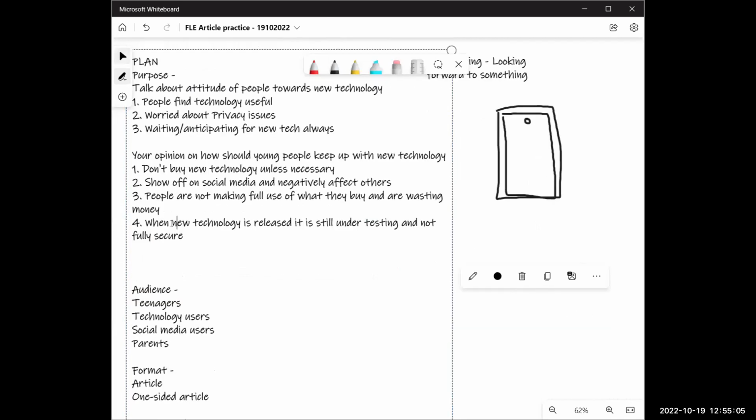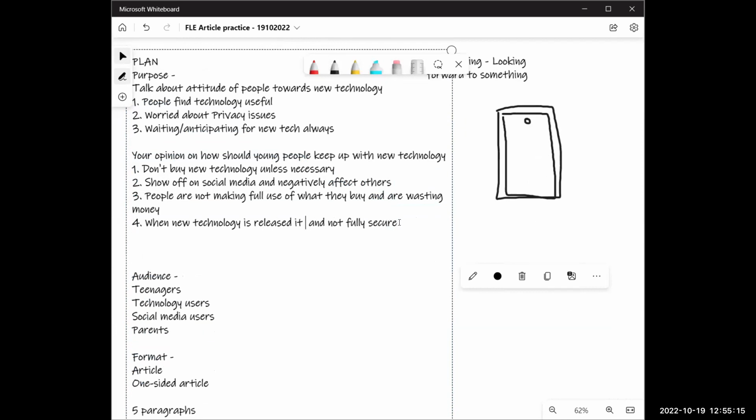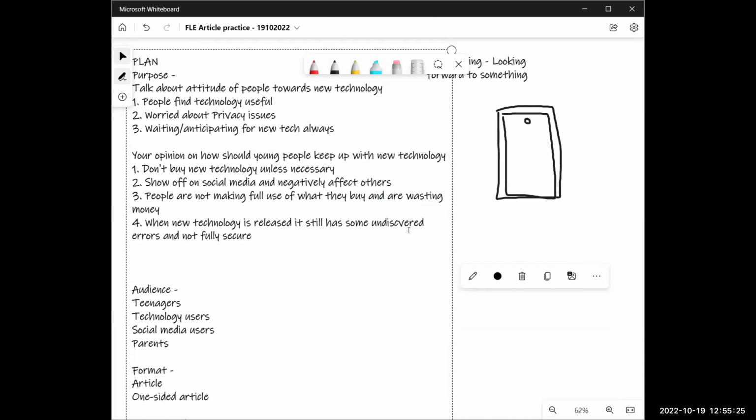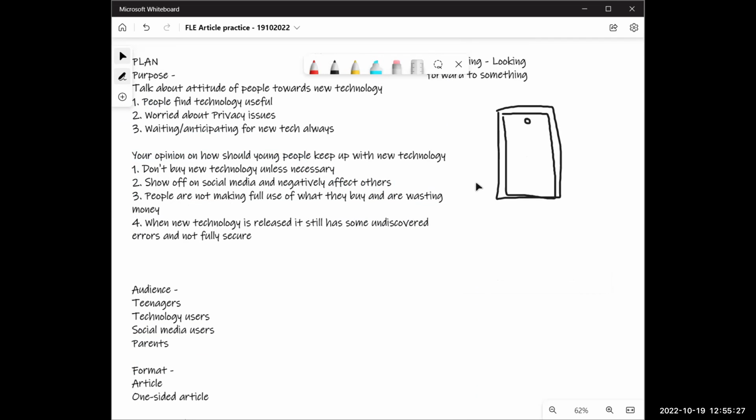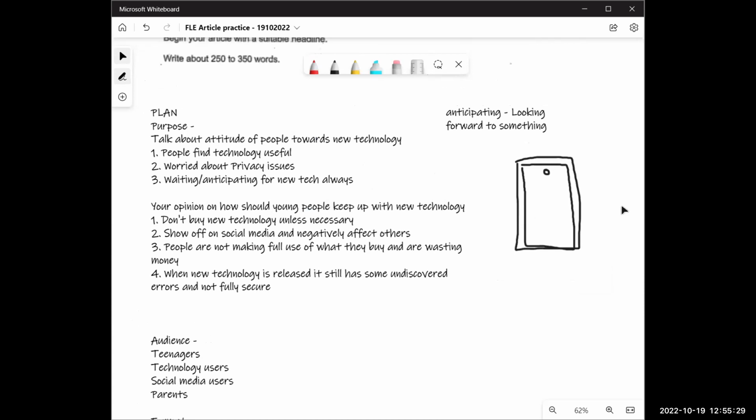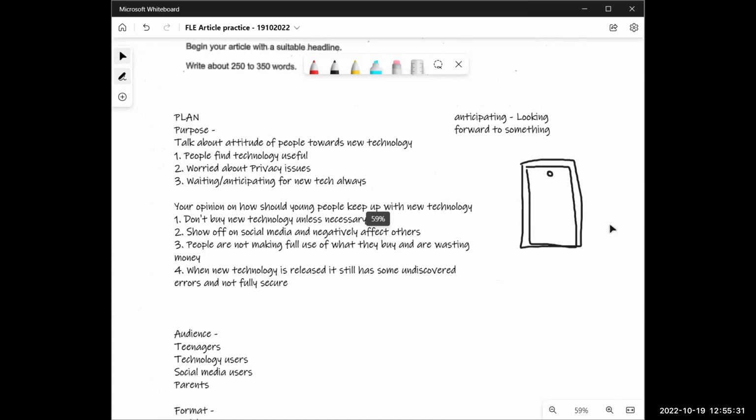So when new technology is released, it still has some undiscovered errors. So when you buy something, it is not completely error free. And after some time, when people start using it, it gets better and better.